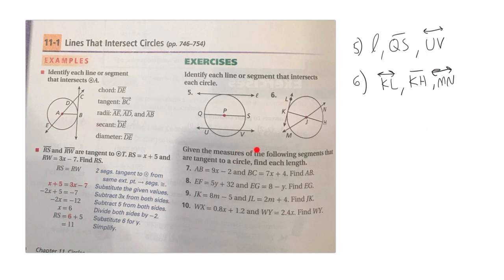Given the measures of the following segments that are tangent to the circle, find each length. Okay, so AB and BC. Interesting. Following segments are tangent to the circle.